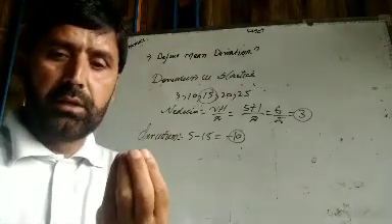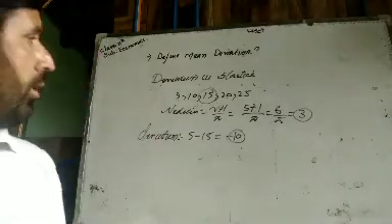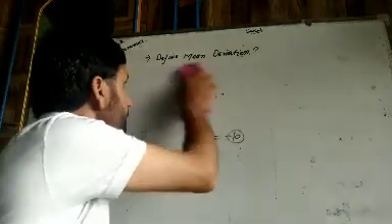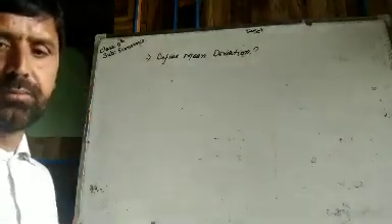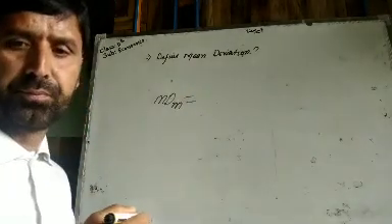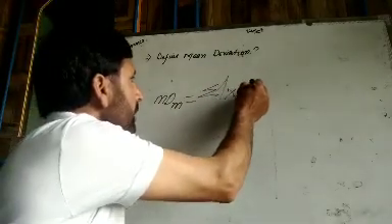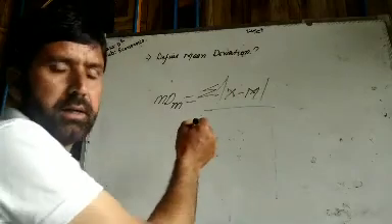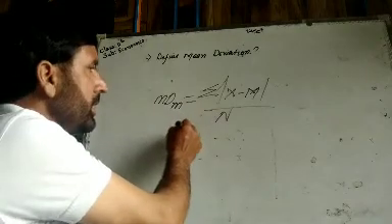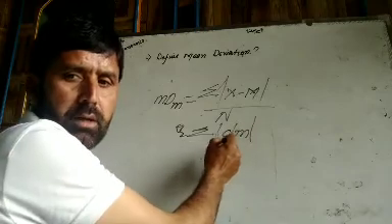Now we see what is the formula of mean deviation. MD about the median is equal to the summation of the absolute value of x minus M upon n, or we can say it is the summation of the absolute value of D_M upon n.